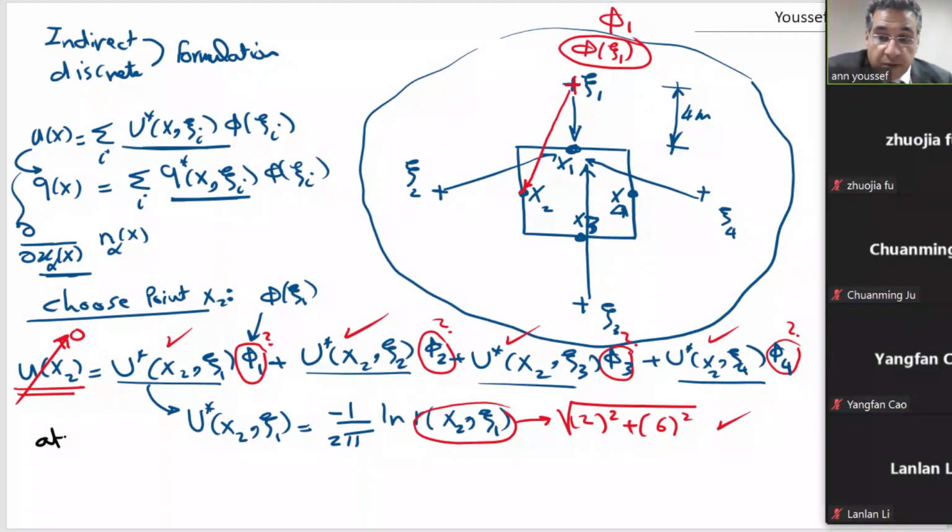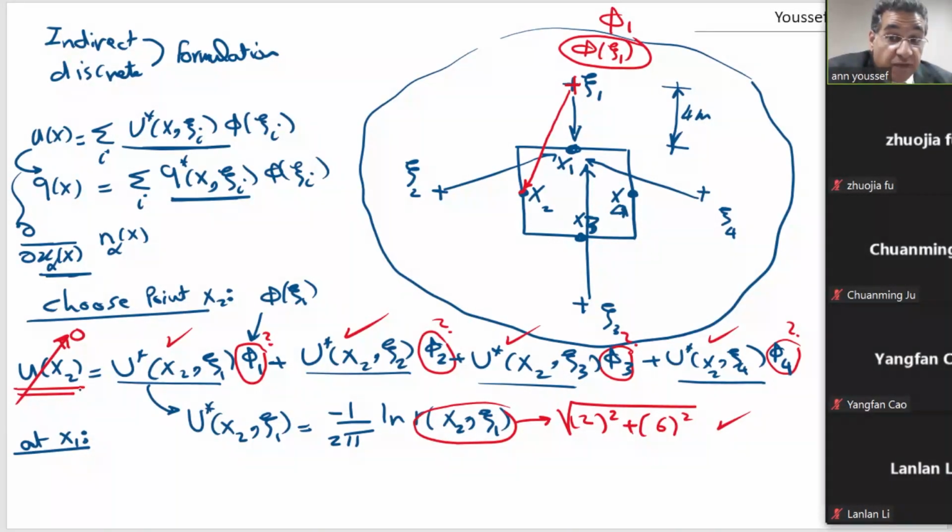I want to choose the other color. So at x1, sorry, at x1, not xi1. At x1 I can write the same equation.